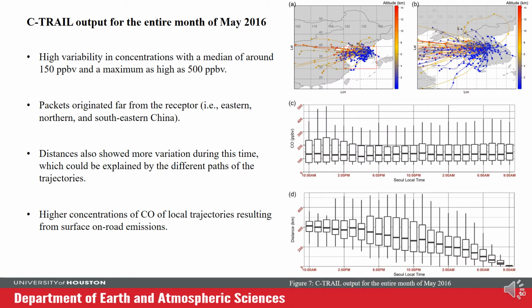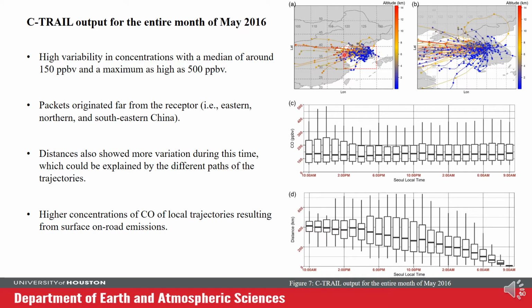To analyze the CTRAIL results, we prepared this type of plot. It has trajectories, concentrations, and also the distance of the packets. For panel A, for our case study covering May 2016, we selected Seoul as the receptor.